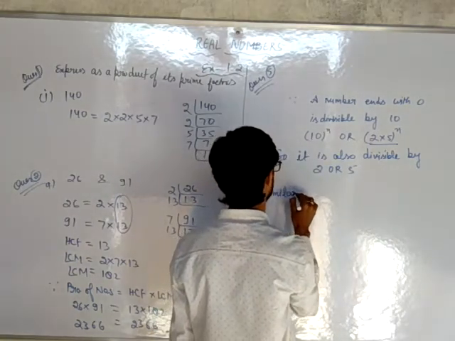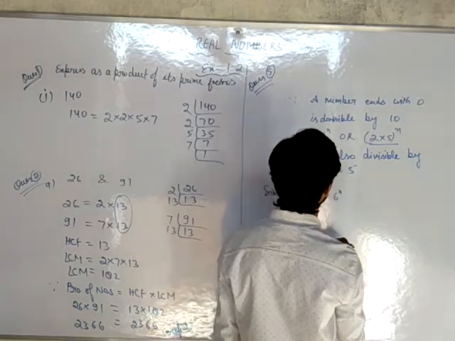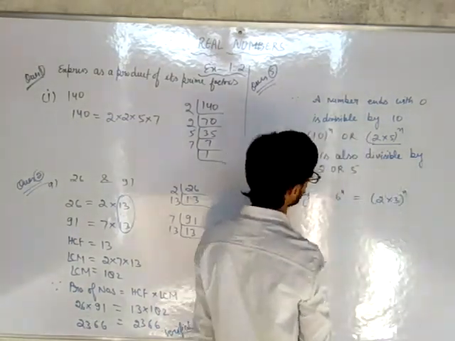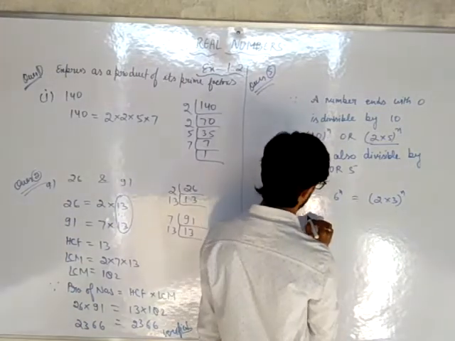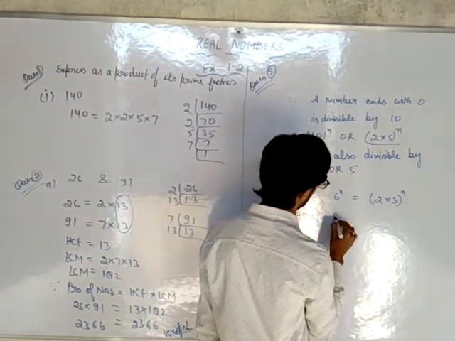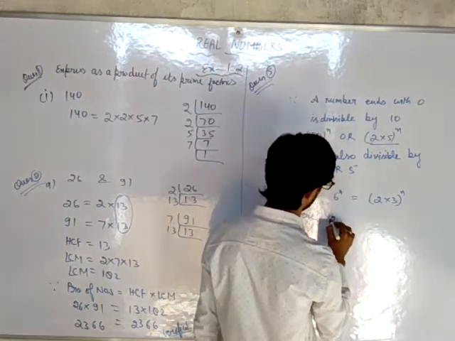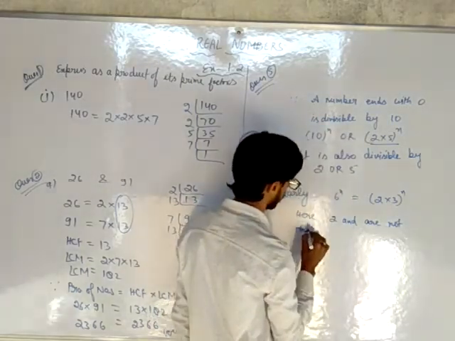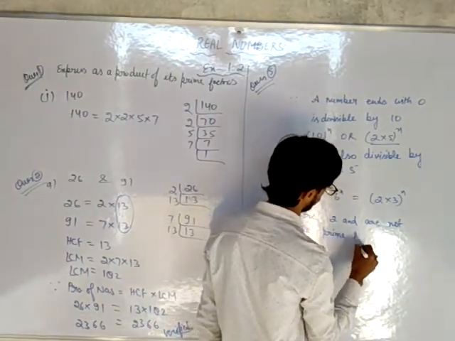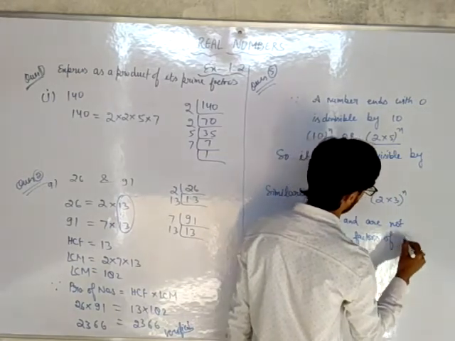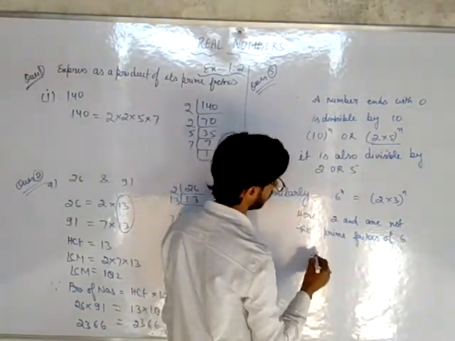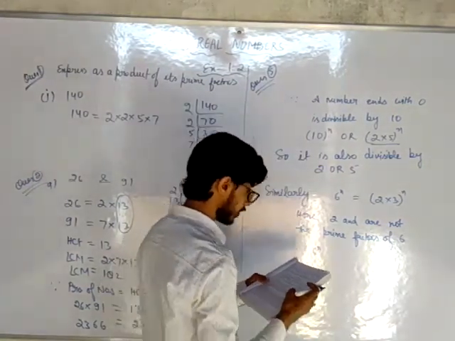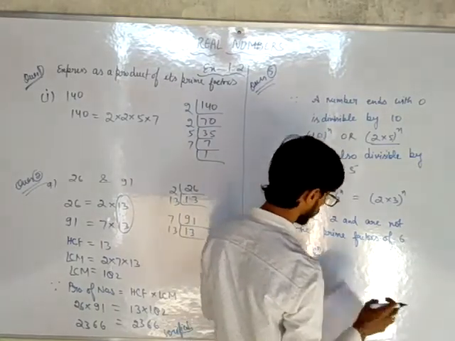Similarly, 6 to the power n is equal to 2 into 3 to the power n. And here 2 and 5 are not the prime factors of 6. Therefore 6 to the power n cannot end with 0.